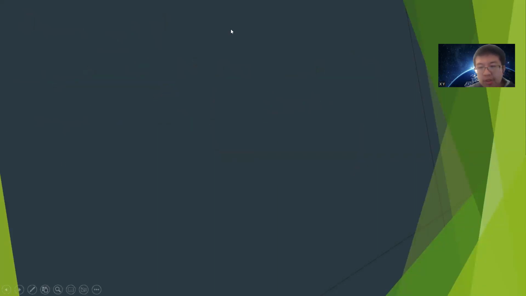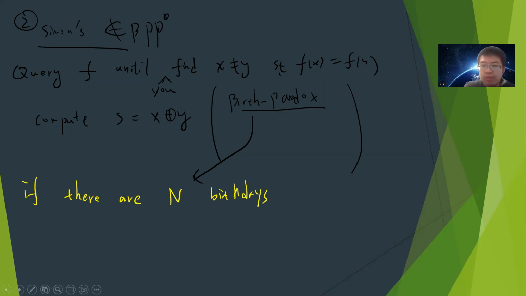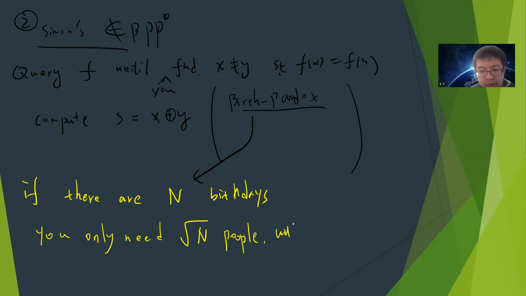The birthday paradox basically says the following: if there are n birthdays that one can randomly choose from, then you only need a square root of n people to already have a high probability that two people have the same birthday.